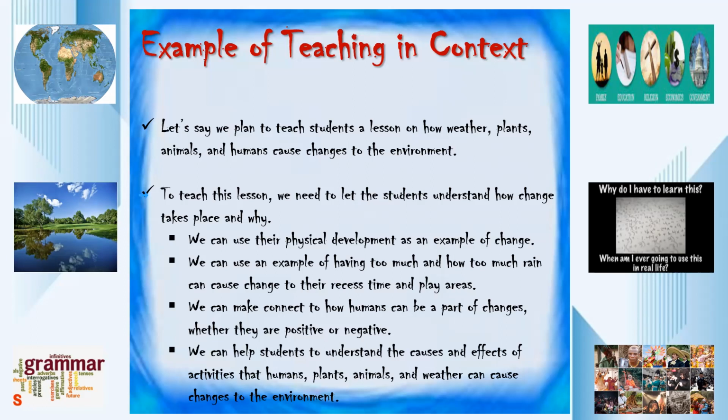So you're integrating the physical surroundings with the lesson that you teach on the content relating to changes to the environment. When you're able to use the physical aspect, you are helping them to understand why they need to learn.